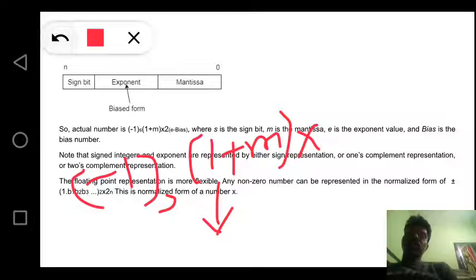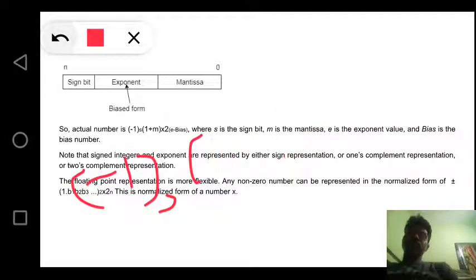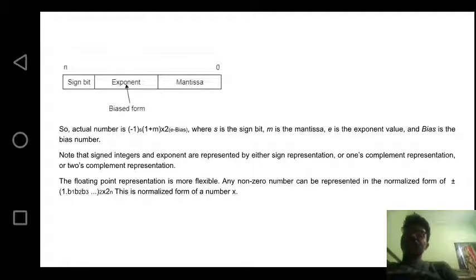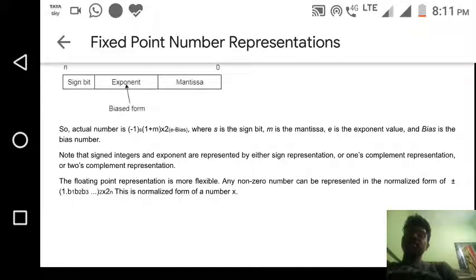Why are we doing 1 plus? We'll understand step by step. This is the formula for representing a floating point number. Just remember, this is the representation.